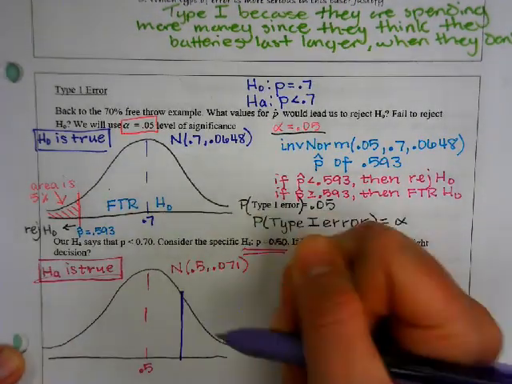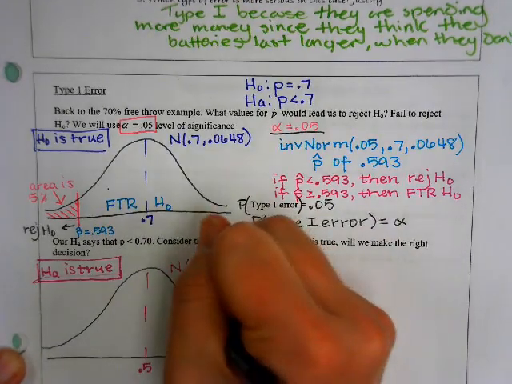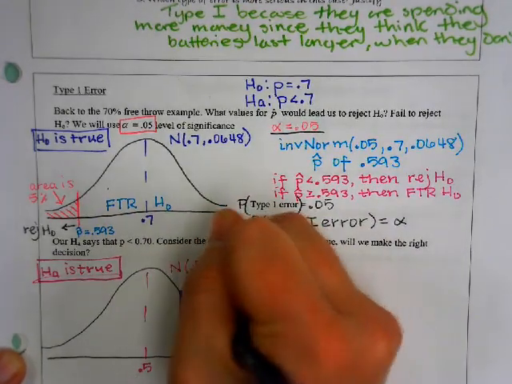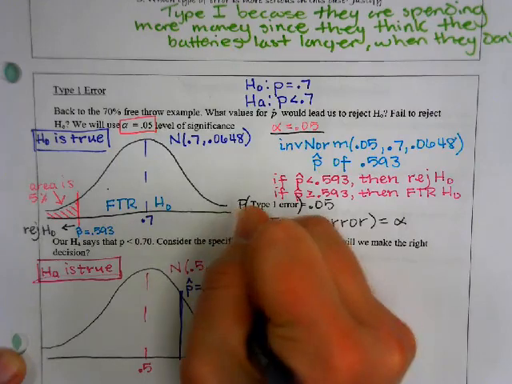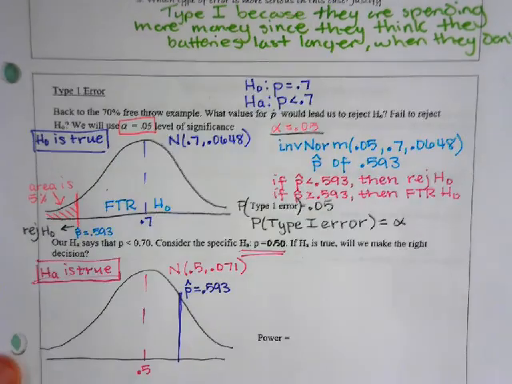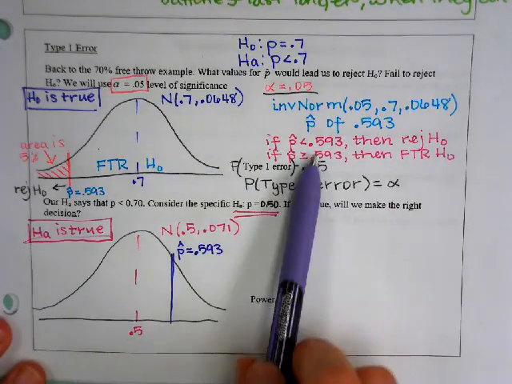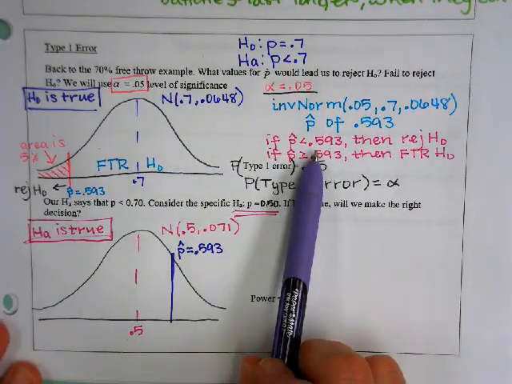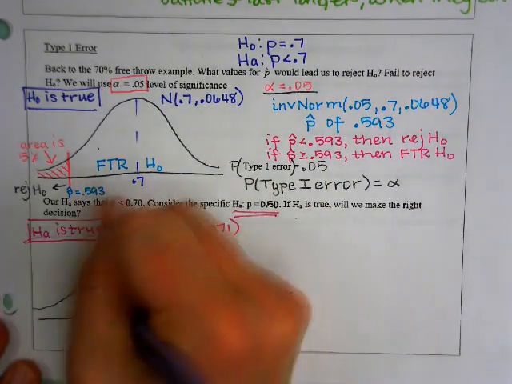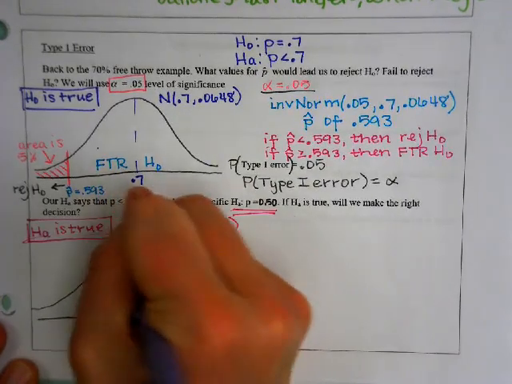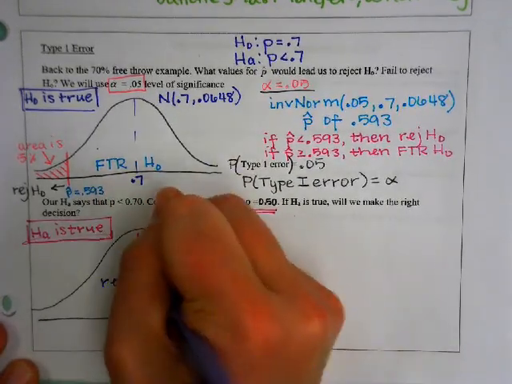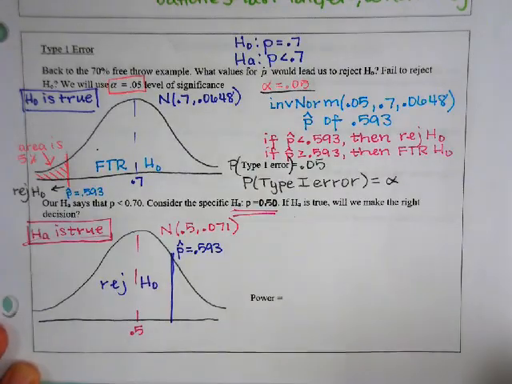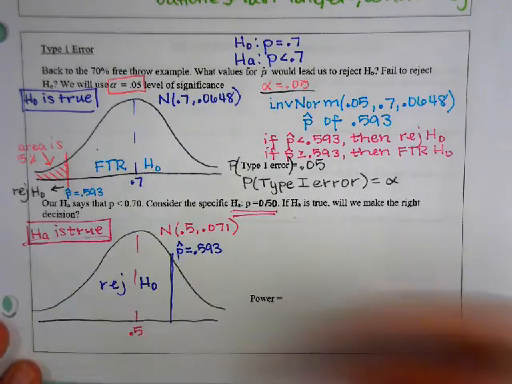Anything less than 0.593, we're going to reject the null. So anything to the left, we're rejecting the null. And then anything to the right, we would fail to reject. And I'm going to change colors, sorry. Over here, we're going to fail to reject H null.